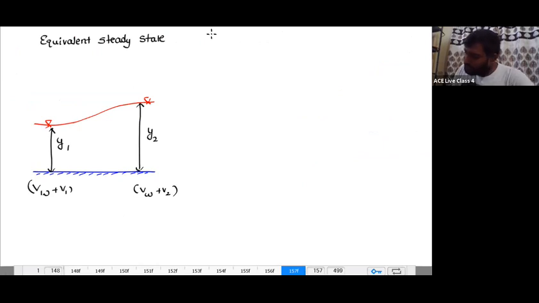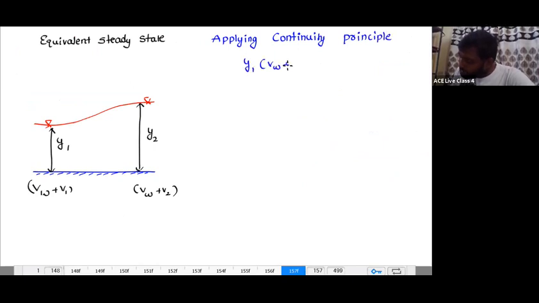Apply the continuity principle. Now, y1 into (VW plus V1) is equal to y2 into (VW plus V2). So similarly, you please derive this one. VW Y1 plus V1 Y1 equals VW Y2 plus V2 Y2.